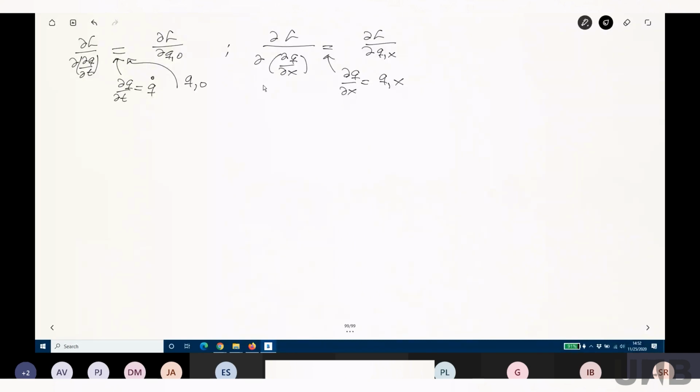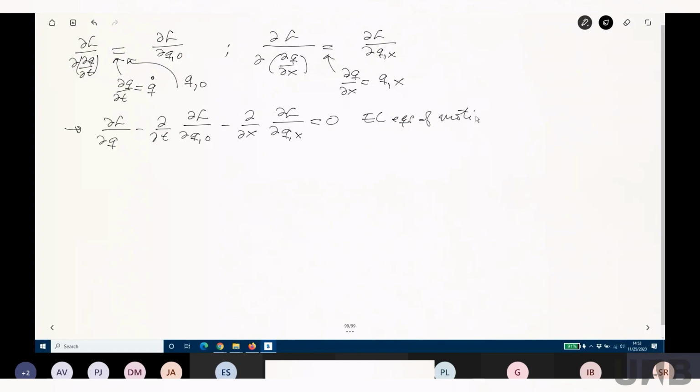Then the equations, let's write them like this: dL dq minus d dt of dL d(q comma 0) minus d dx of dL d(q comma x) equals 0. So that's the Euler-Lagrange equations of motion. Now, that was a relatively trivial observation.